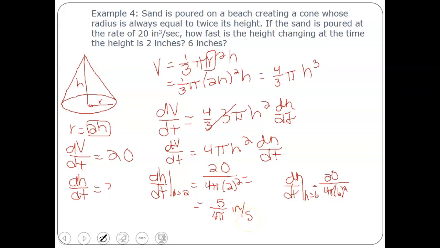And at 6, you get 5/36 pi inches per second. I can't simplify that one. I simplified the 20 and the 4, but not 36.